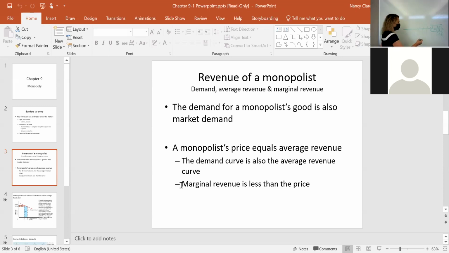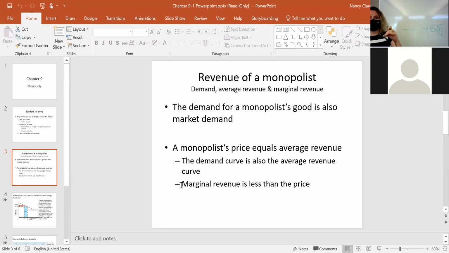This is what's different, these curves. These curves are what's different under a monopolist market structure versus a perfectly competitive market structure. We still have these curves, they just look different. All of your cost curves remain the same.